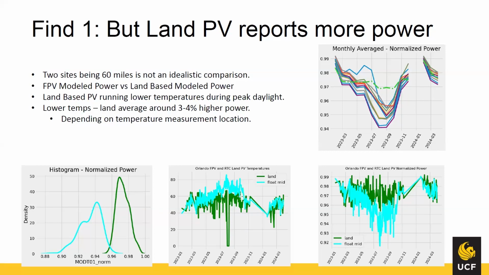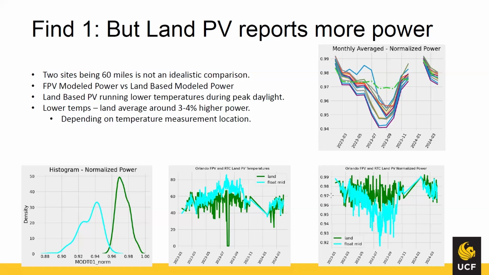The other thing that we showed is that our temperature sensors, we chose 5 locations for the floating PV, the 4 corners and then the middle of the floating array. Generally speaking, we would think that the middle of the floating array would be warmer than the outside edges. And that seems to hold up to some degree.